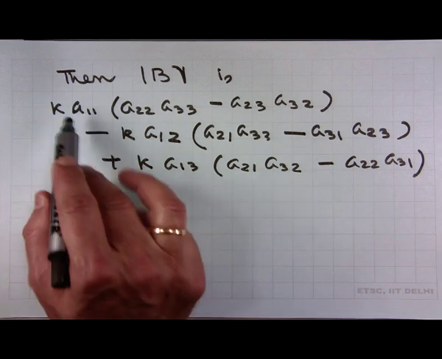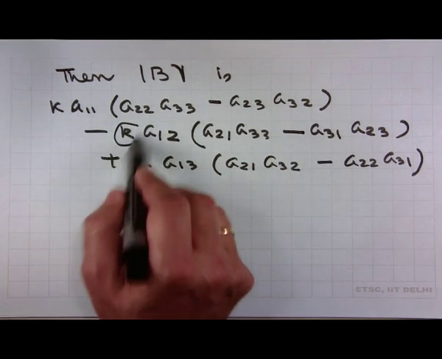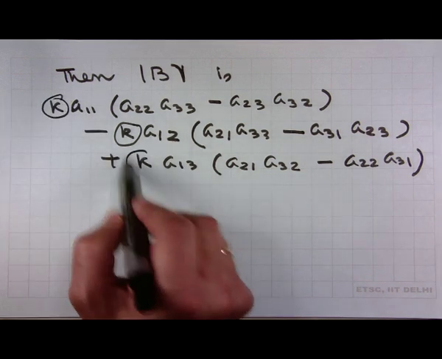Thus, we see that all the three terms are multiplied with k.